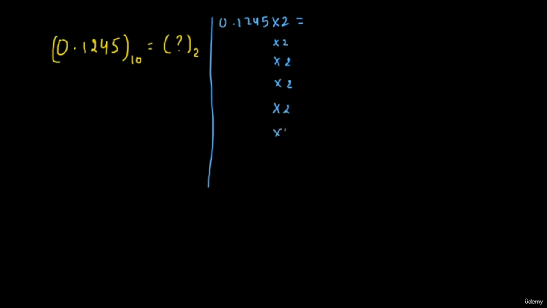As you can see, I have written the multiplication by 2 six times. In our case it's given that we find up to 6 bits of binary.